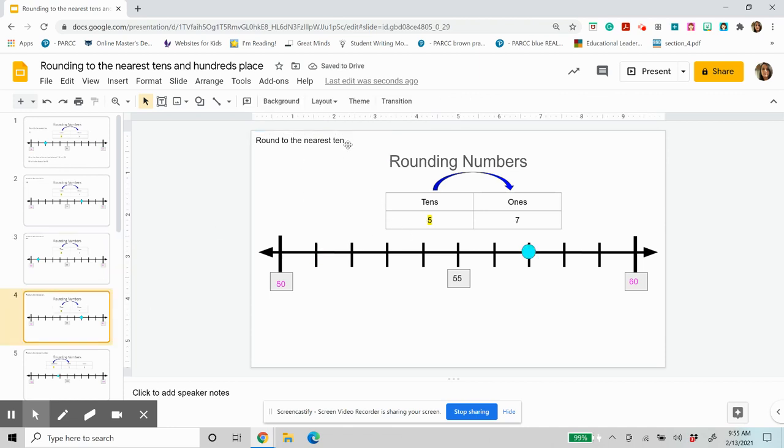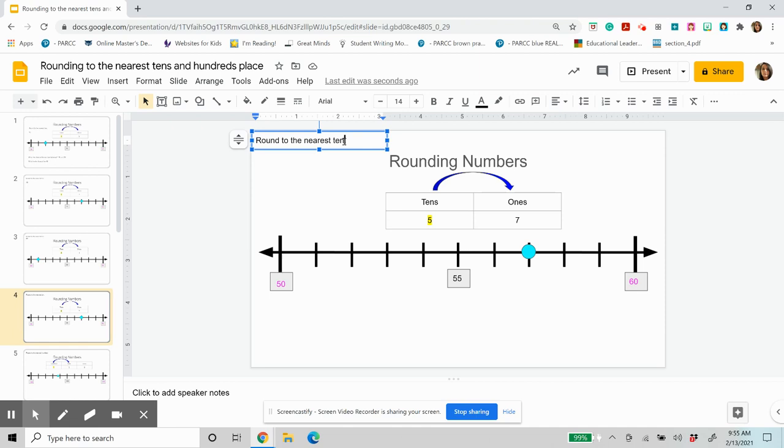And here, we're still rounding to the tens. 57, we highlighted 5, right, because that means 5 tens. So we said we started with 50, the next 10 was 60. Then we looked at our decision maker, the 7. That's higher than 5, so we were going to round up. So 57 rounded to the nearest 10 would be 60.